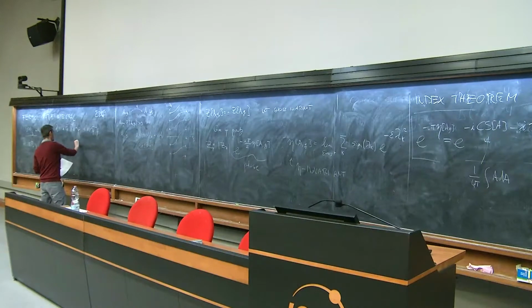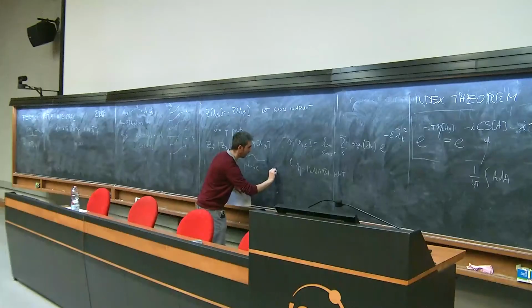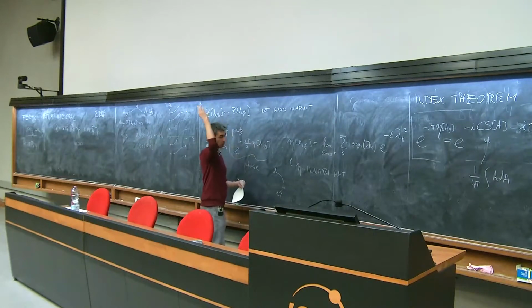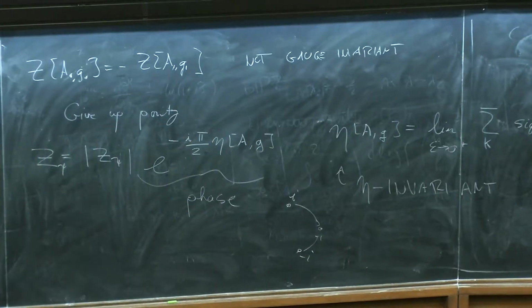If the mass is positive and very large, essentially these two phases that were either i or minus i, in the limit in which the mass goes to infinity, they go to 0. And so this phase goes away, and so z goes to 1.